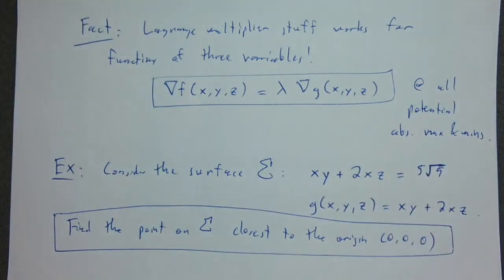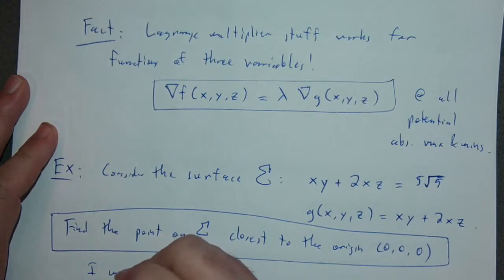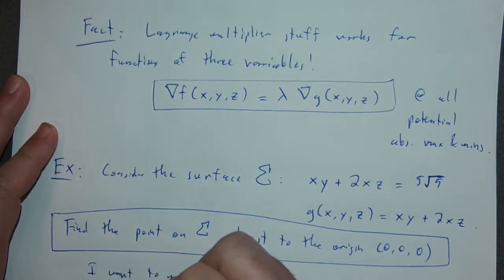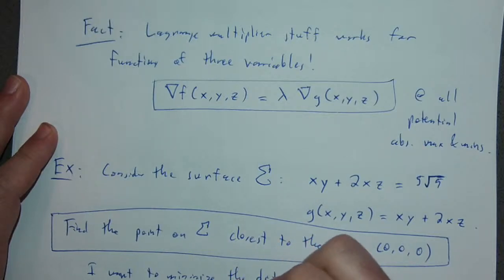So my fixed point here is the origin. So what is it that I'm doing? I want to minimize the distance to the origin.